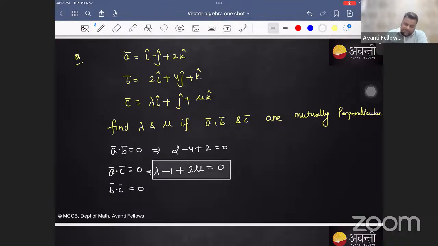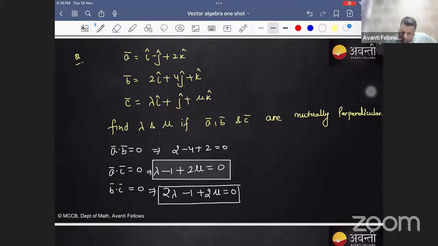And next is B dot C, that is 2 lambda minus 1 plus 2 mu is going to be 0. Now, what you have to do, you have to solve in just a moment. B dot C is 2 lambda plus 4 plus mu equal to 0.